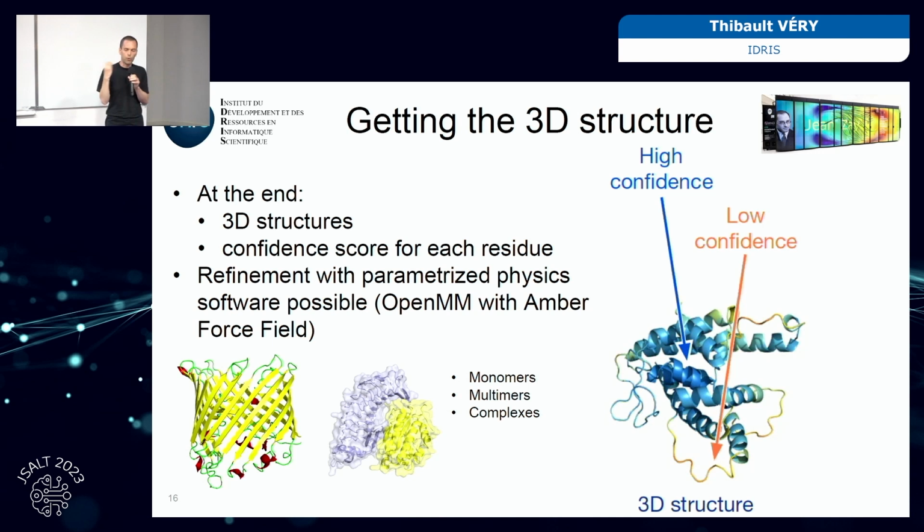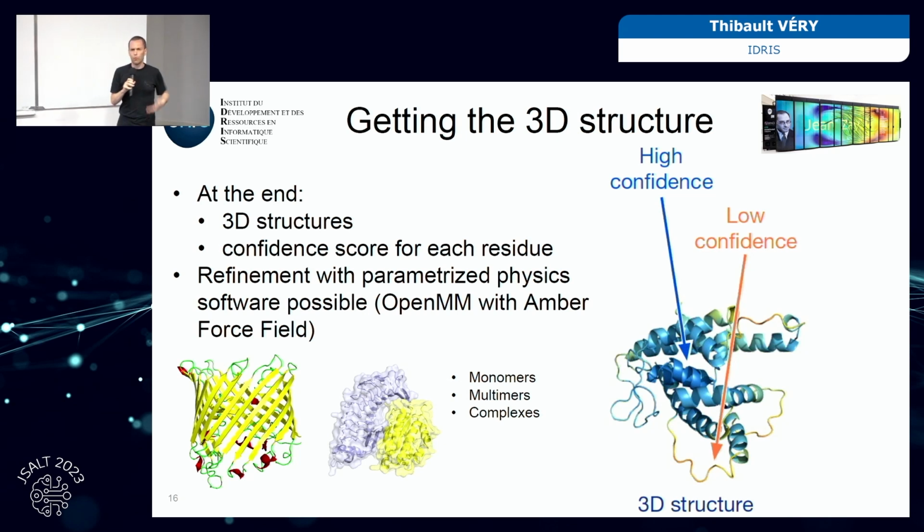The protein was performing a chemical reaction, and the loop was closed when you have some molecules inside undergoing the chemical reaction, and then the protein opens to give the product of the reaction. So obviously the model won't be able to give you a high confidence for those structures. But that's not a problem, as long as the low confidence is for structures that are flexible, it's okay for us.